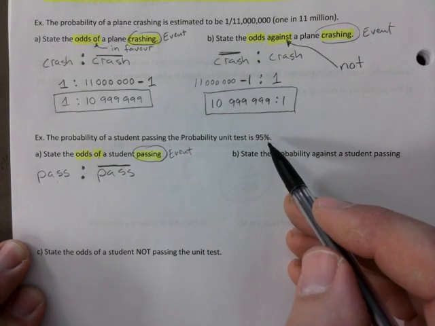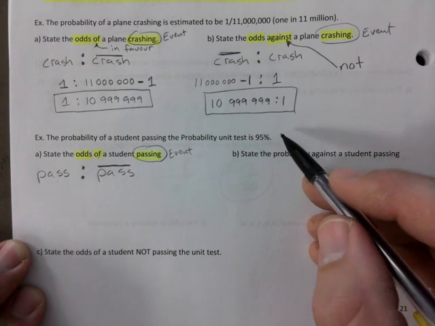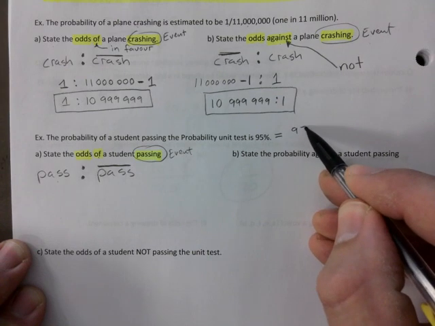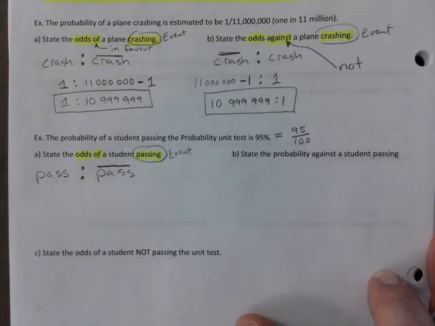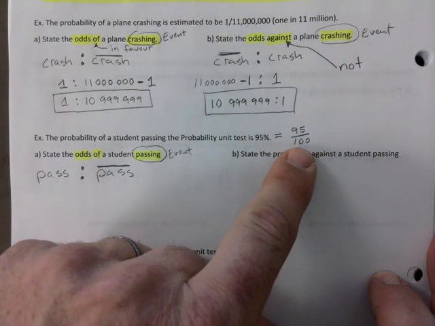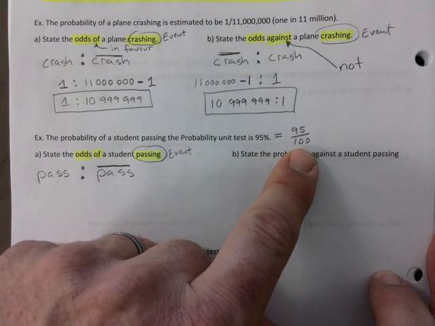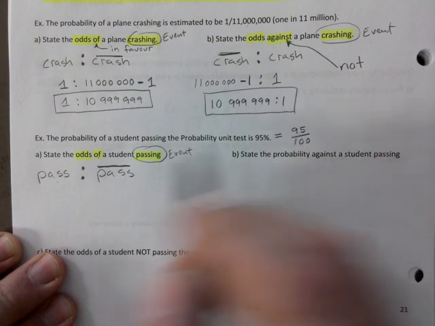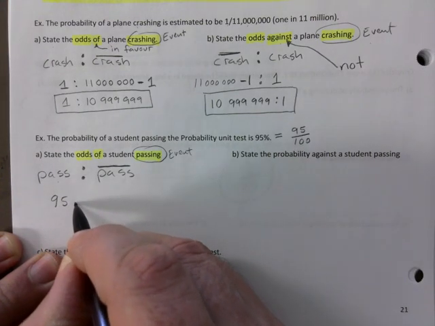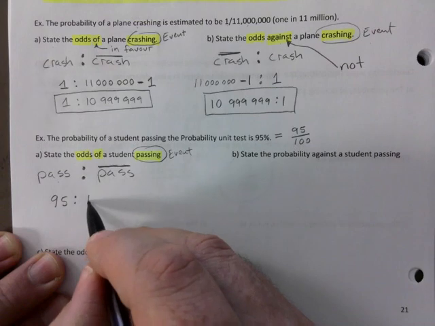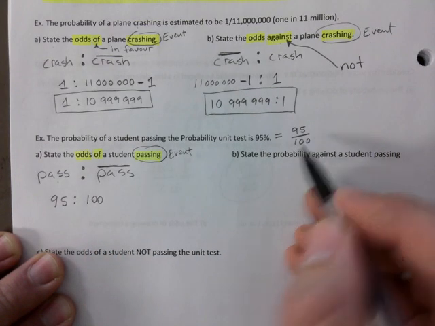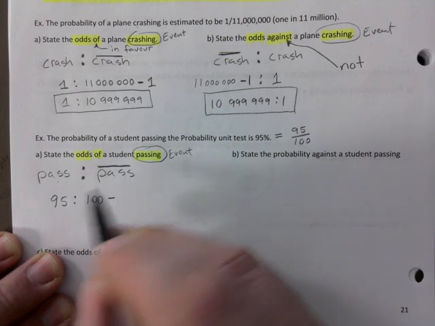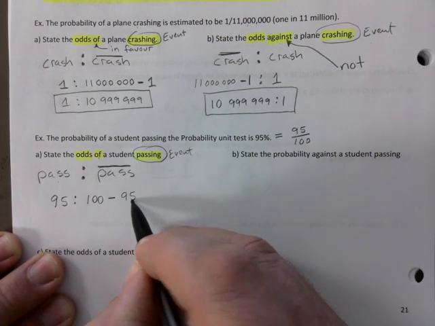There's no fraction, right? You can do it in several ways. We can tell that 95% is 95 over 100. Now you have a fraction. That's why we did that chart earlier. So you have your fraction. Probability of passing. That means that the 95 represents passing, and therefore not passing would be 100, which is the denominator here, minus 95, which I wrote down.